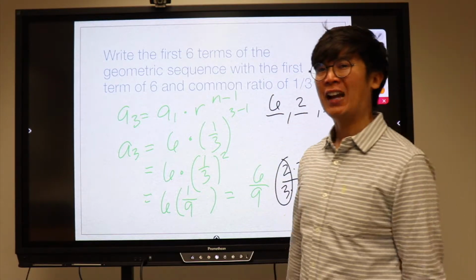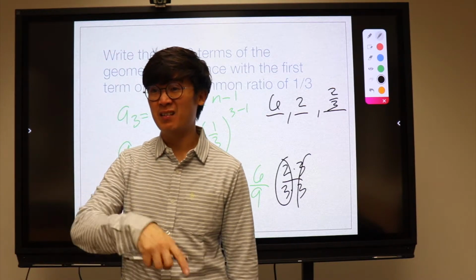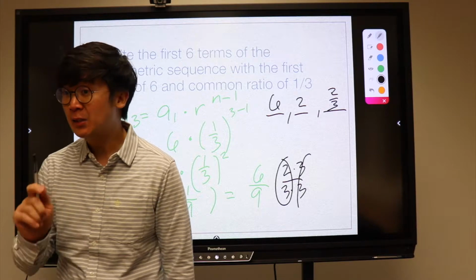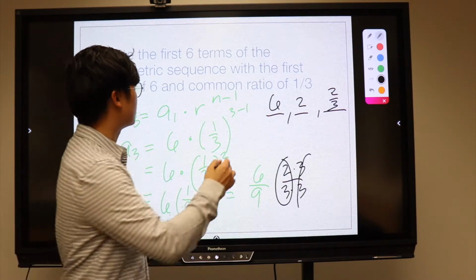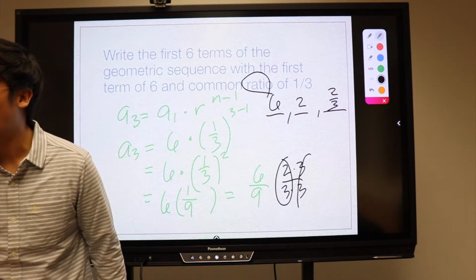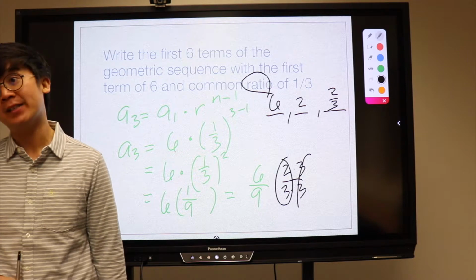So, what is the challenge of geometric sequences? Probably geometric is more complicated than arithmetic, and the reason why is because you are dealing with fractions. Expect to deal with fractions because you have the word ratio in your formula, and a ratio is going to end up as a fraction.